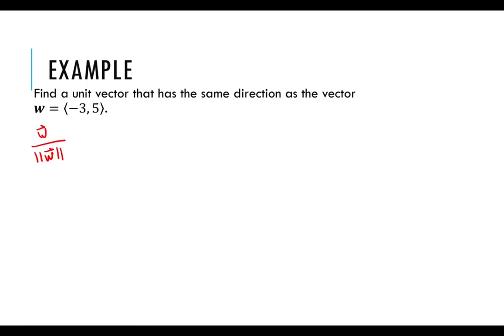So let's first find the magnitude of w. The magnitude of the vector w is the square root of negative 3 squared plus 5 squared, which gives us the square root of 9 plus 25. And so that means that my magnitude is root 34. Great.